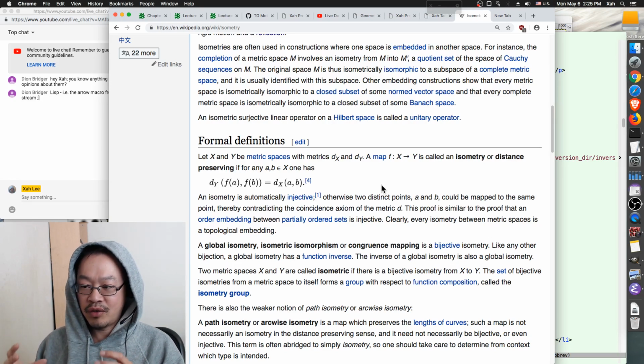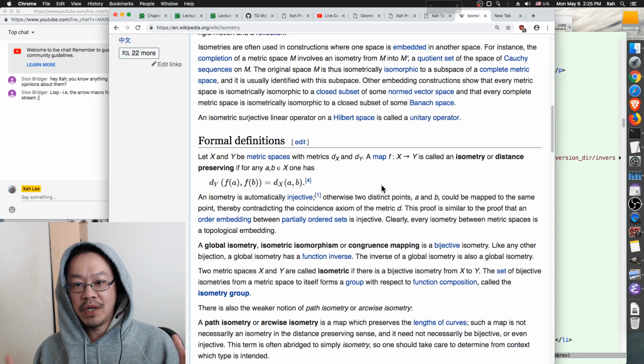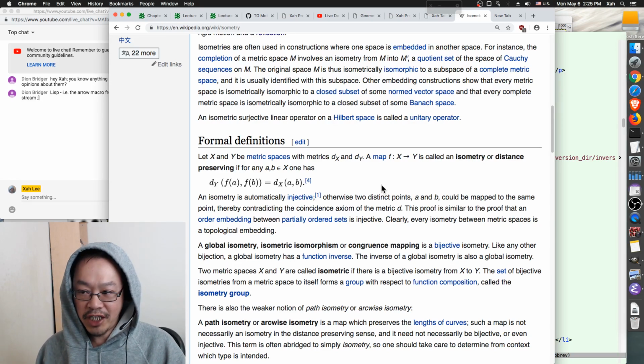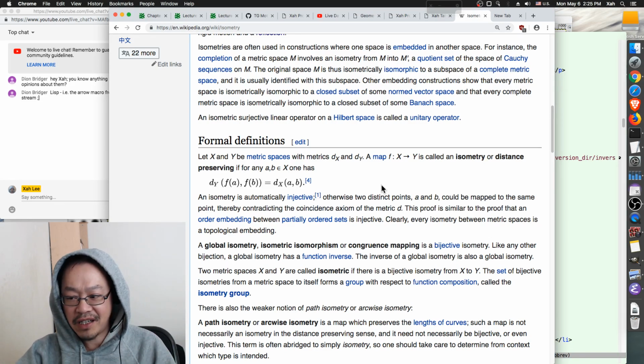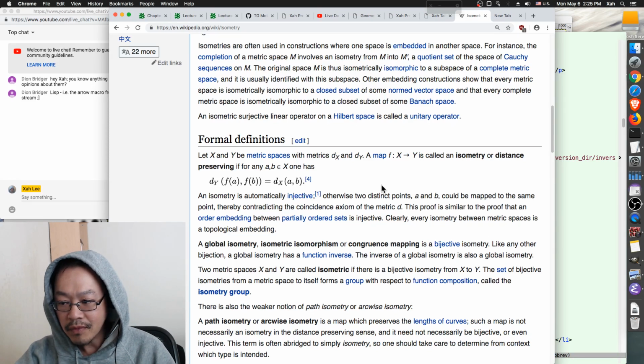Which word to use usually depends on context. For example, if you're talking about geometry, usually we use the word transformation. If you are in algebra, usually you use the word function. But basically they mean the same thing.